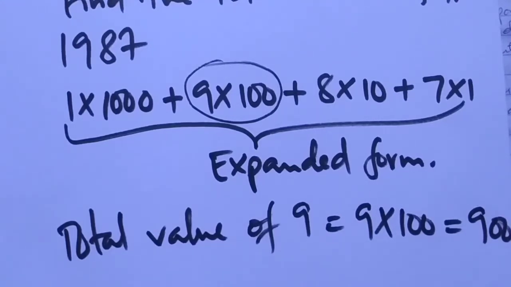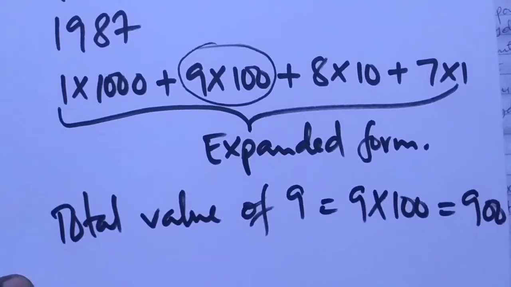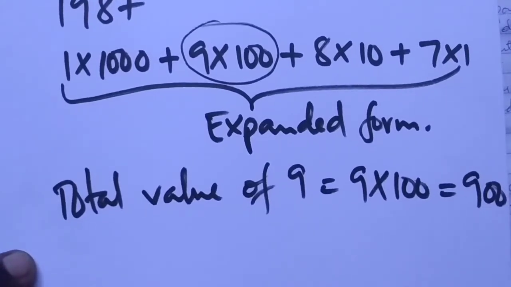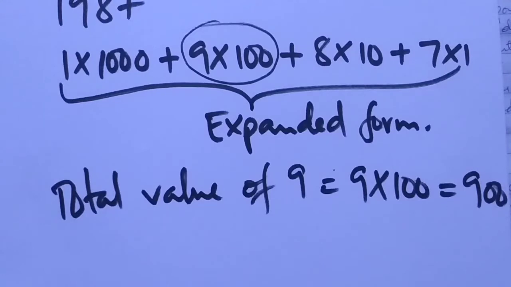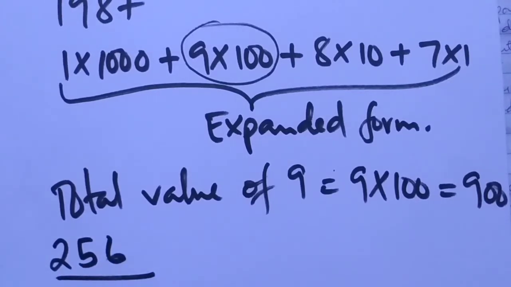Kwa hiyo a total value for a number inaweza kuwa obtained kwa kuchukua ile number times its place value. Number times its place value. For example, tukiwa na namba 256. Total value of 6 itakuwa ngapi? Total value of 6 is 6 times 1, which is equal to 6.